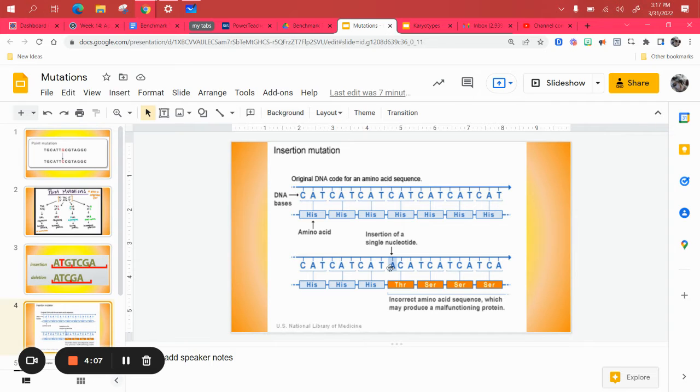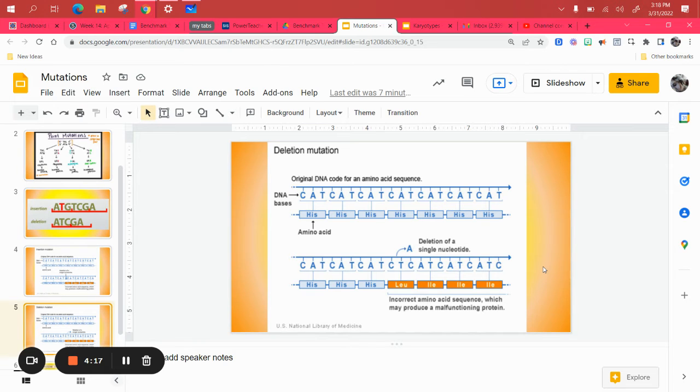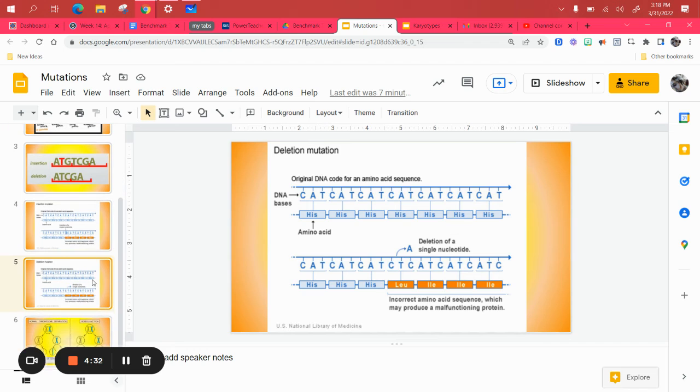And then after this insertion of this A, here's our mutated sequence, and we can see that every amino acid after the point of the mutation has been altered. Same thing with the deletion. Here, same normal sequence, and now we've left out this A. After this point of mutation, every single base has been altered.